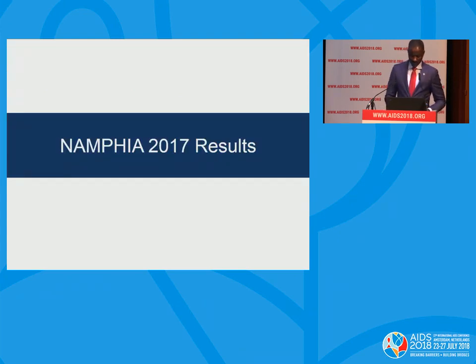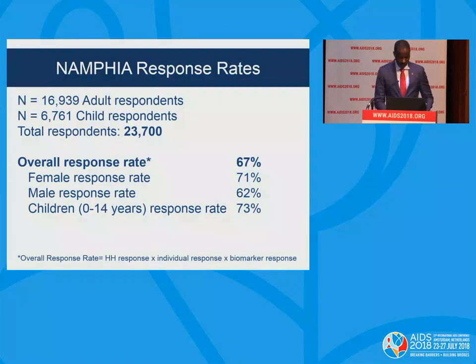Now, the NAMPHIA results. Almost 24,000 individuals participated in the NAMPHIA survey, including about 7,000 children. The overall response rate was 67%, and you may have a question on that. We're able to answer.